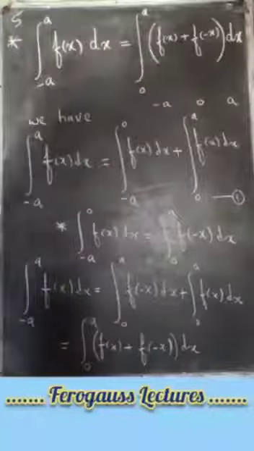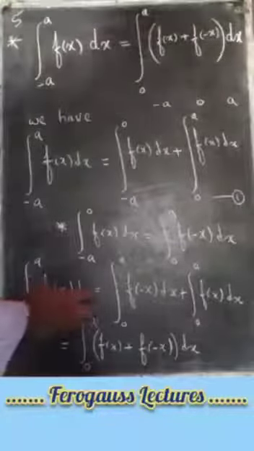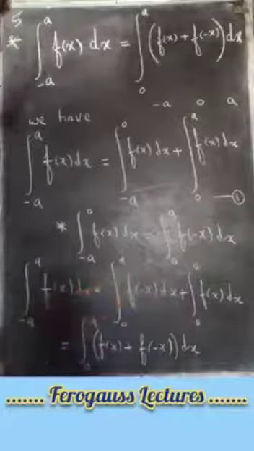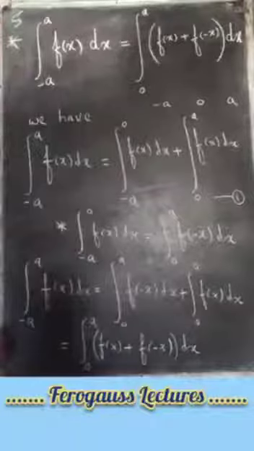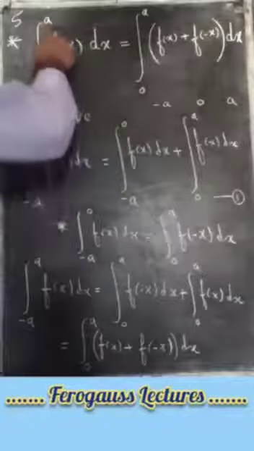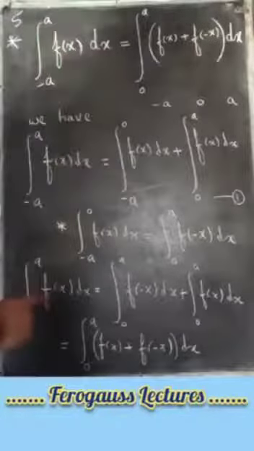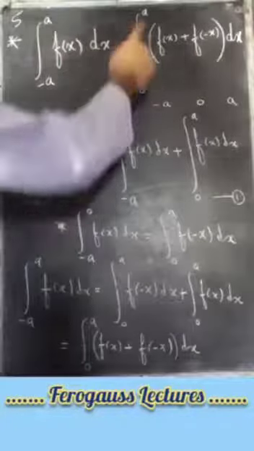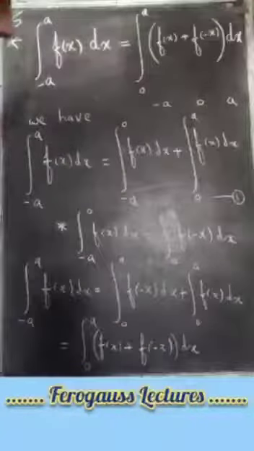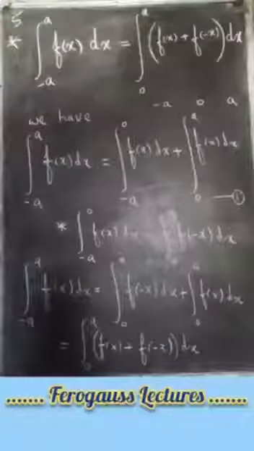As we know that integral of sum is equal to sum of integrals, thus we have proved that integral minus a to a f(x) dx is equal to integral 0 to a of f(x) plus f of minus x dx. This proves property number 5.